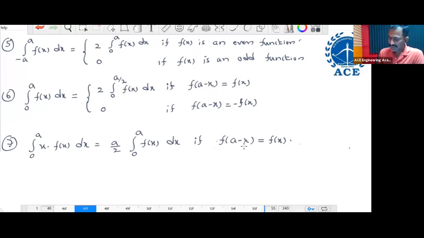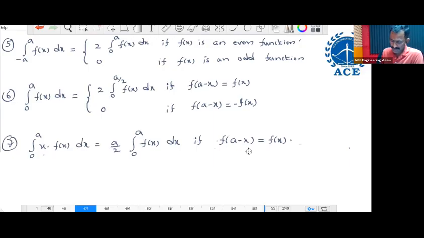Like above, the condition. Now look at the left and right of this property. Left hand side is x into f of x. Right hand side is just f of x only. If we have a product like this, x into f of x, we can reduce the product to a single function f of x. That is, we can eliminate x. We can keep only f of x here with this condition. So this condition is satisfied by this function f of x. We can reduce this product to a single function and get a by 2 times this. This is property number 7.